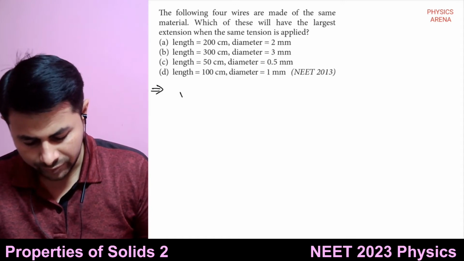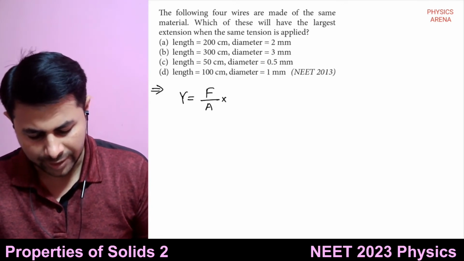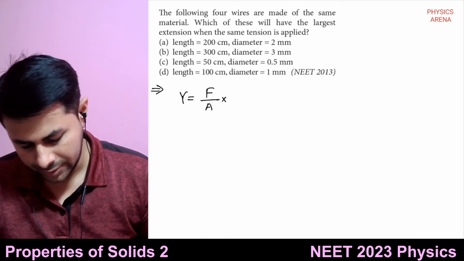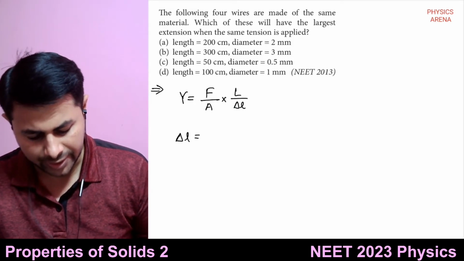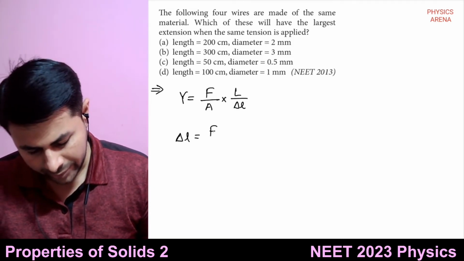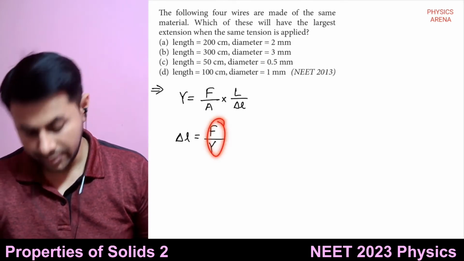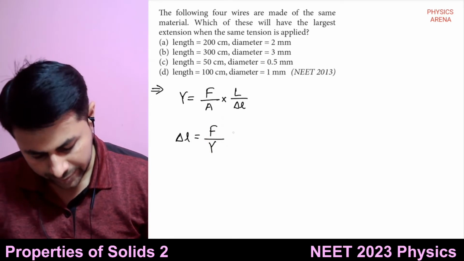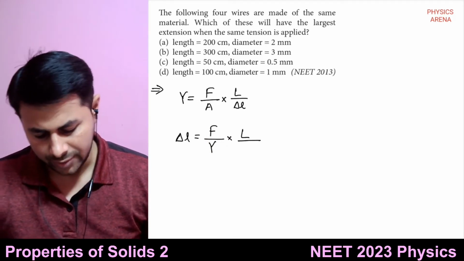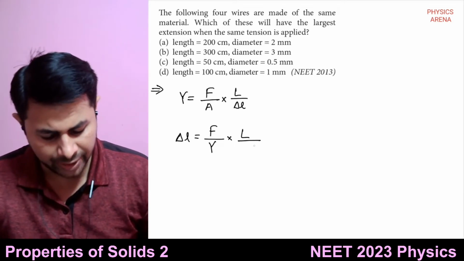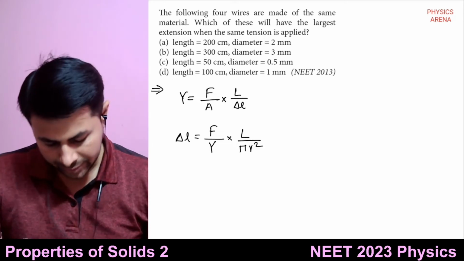So we know that Y is equal to F upon A multiplied by L upon delta L. So delta L can be written as F upon Y, these two are constant since the same tension is there, multiplied by L upon A, and A can be written as pi r square, right?